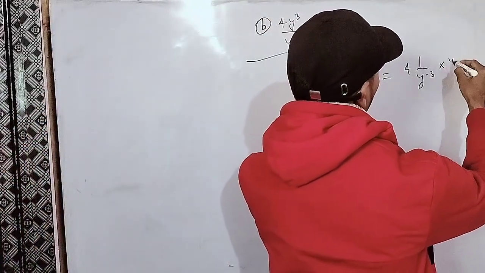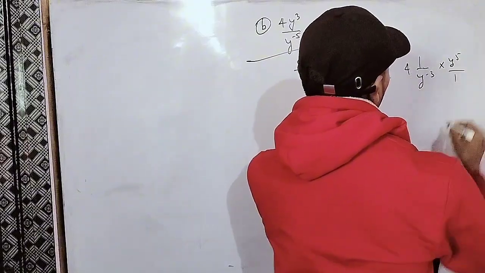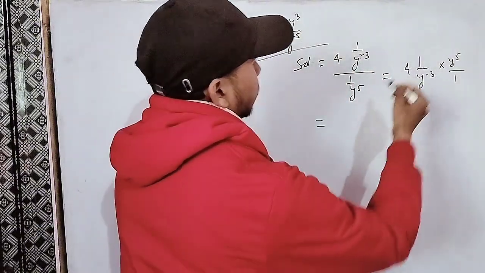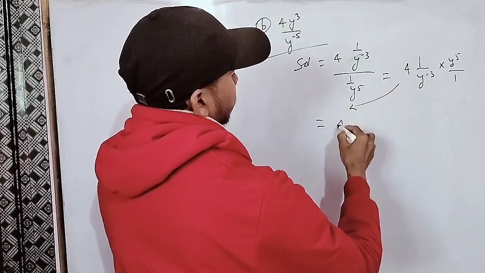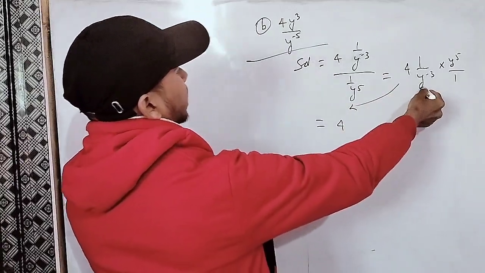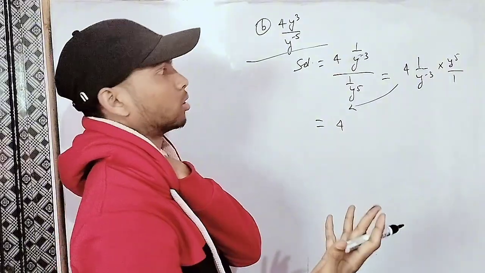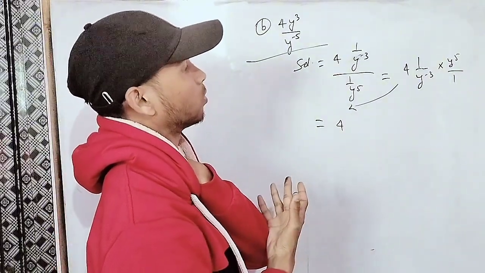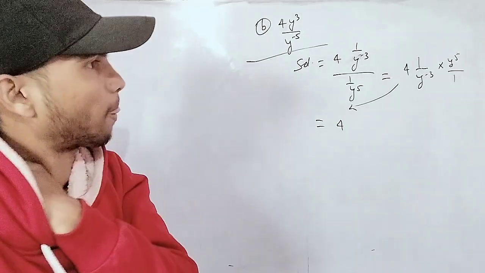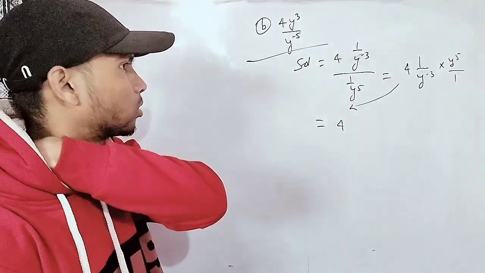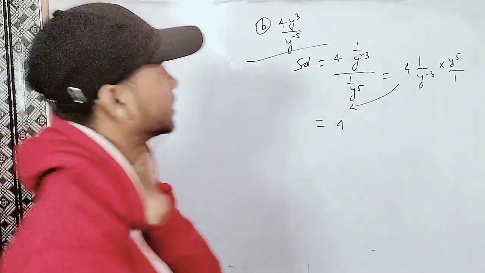So can we write this? Okay, now we have what? 4 as it is. Can we write it to apply? Otherwise, we can apply what? Exponent, exponent, quotient.